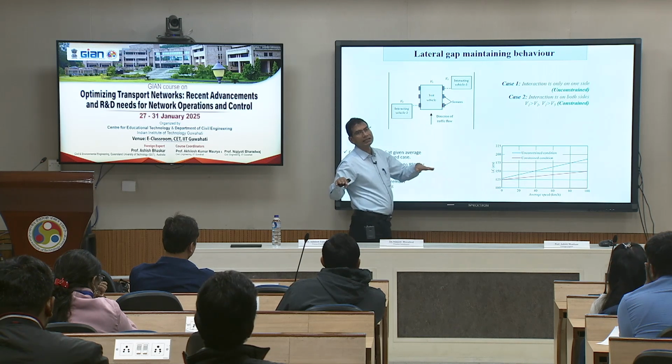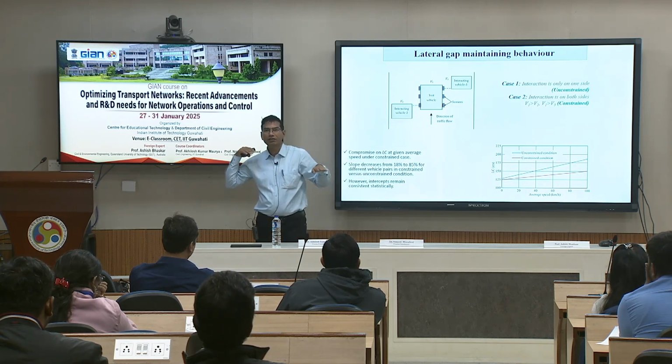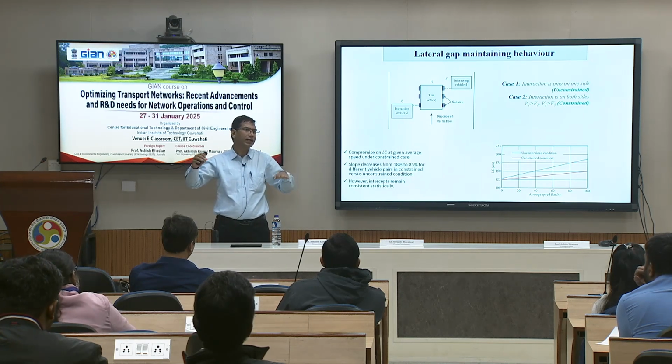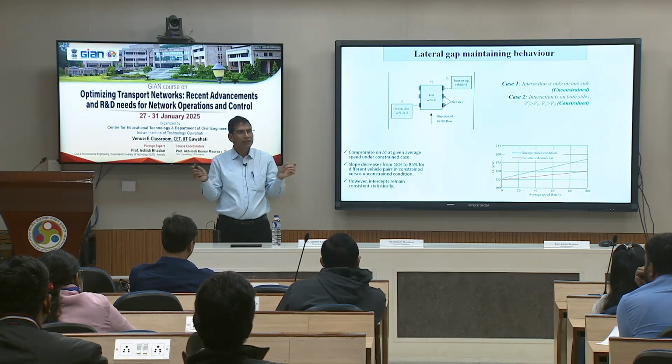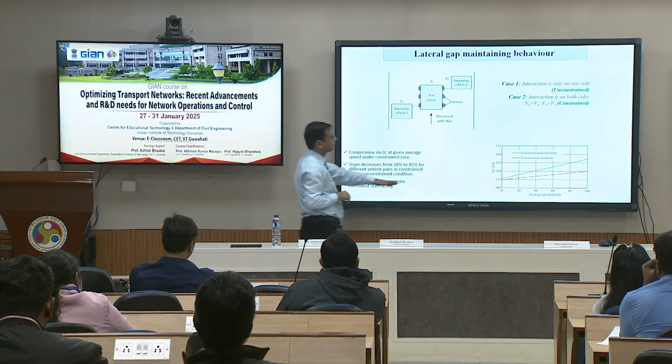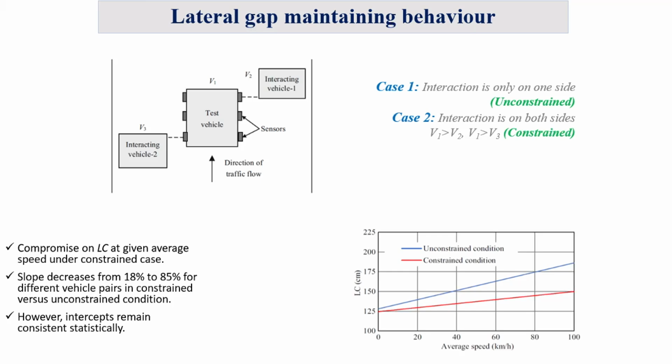If you are constrained, while passing between two vehicles, you compromise up to a certain level on your safety, and then you maintain a lesser gap and pass through. That is this red one. So at a particular speed, you maintain less lateral clearance. If you are constrained on one side, you try to shift a little bit away and maintain a larger gap.